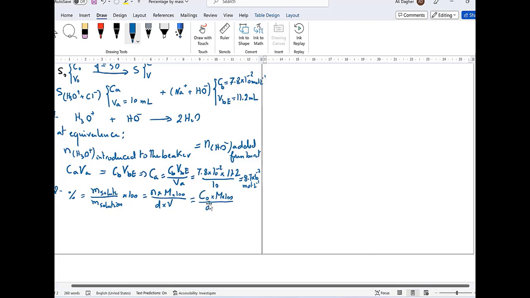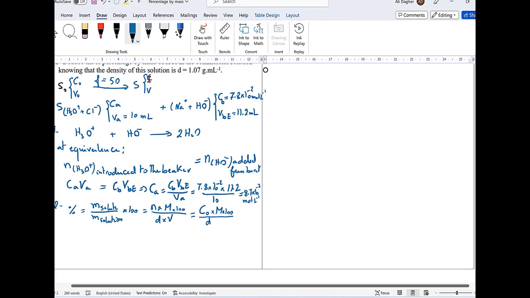Now we should determine the concentration of the commercial solution from the concentration of the diluted solution by applying the law of dilution. Upon dilution, n solute is conserved.